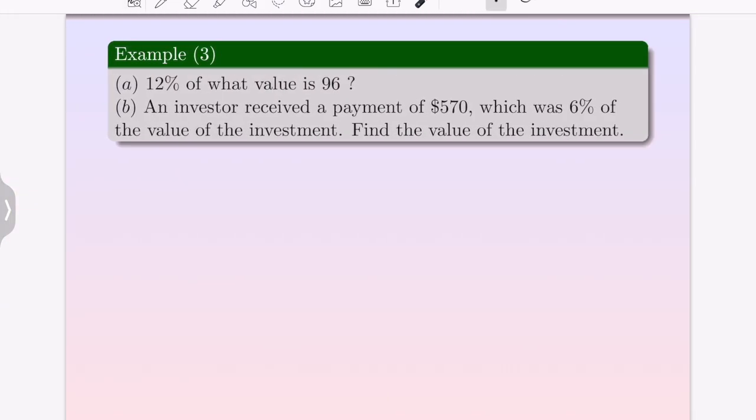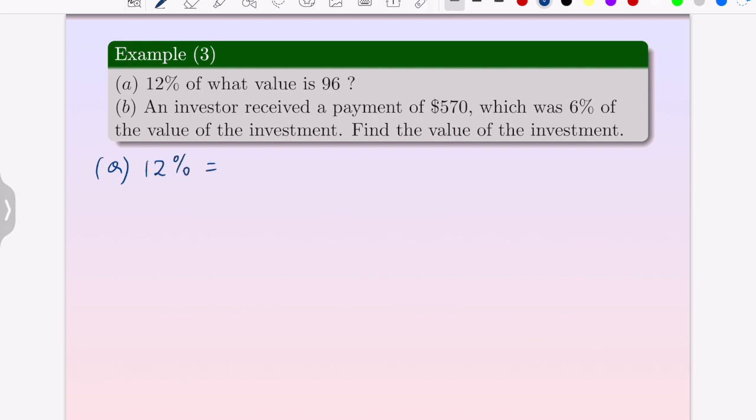The next example asks us about 12% of what value is 96. So now we are asking for the original amount, and we have the final amount right here. First, in part A, we're going to change 12% to decimal.